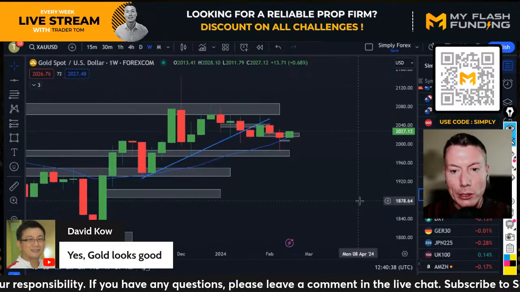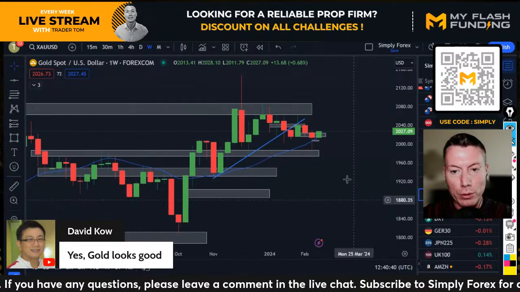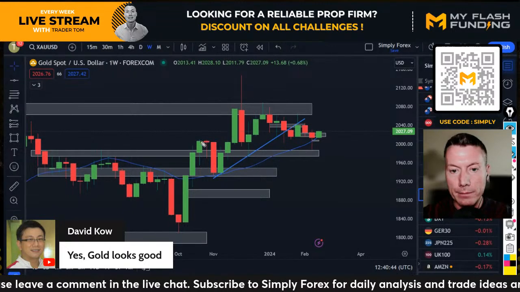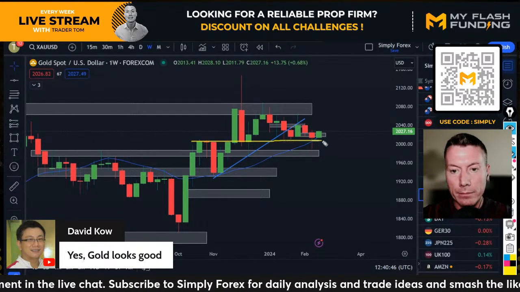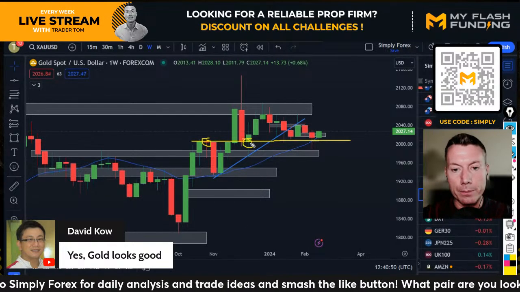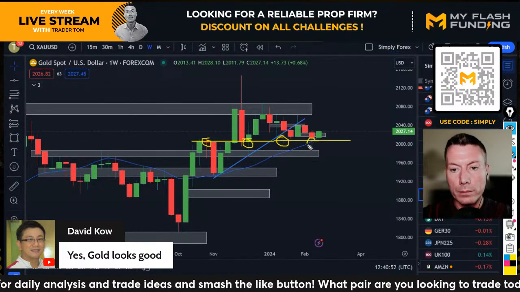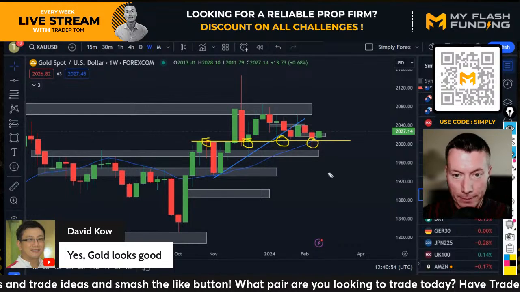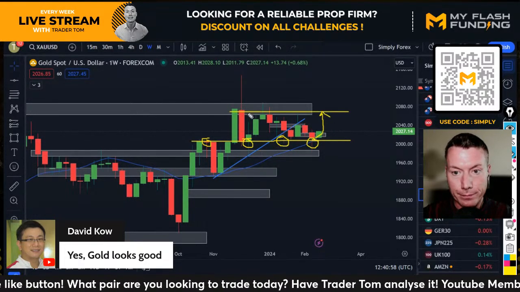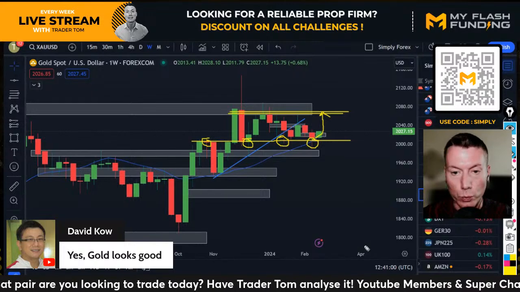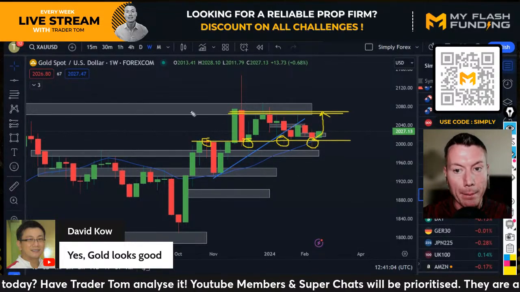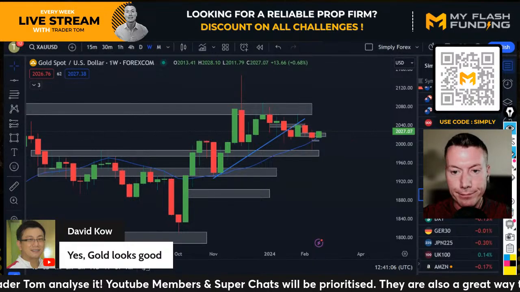If you look at the weekly chart, this is the problem I have with gold. This level through here: resistance, support, support, support. You would buy that back up to here. If you only trade the weekly chart, you would buy that back up to these highs.